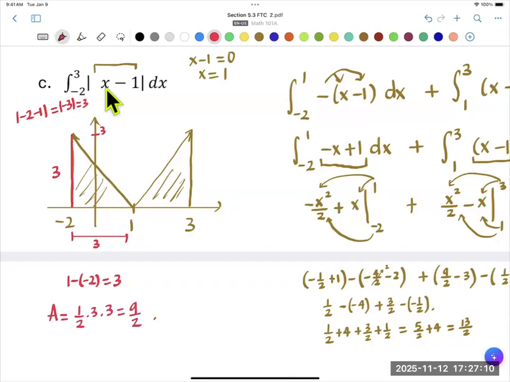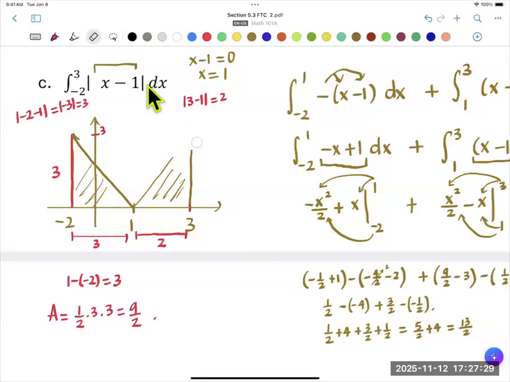How about the second area? From 1 to 3 is 2. When I put 3 into this, 3 minus 1 is 2, so the height here is actually 2. I actually drew it a little bit taller, so it should be shorter.